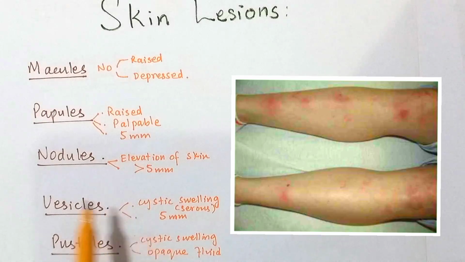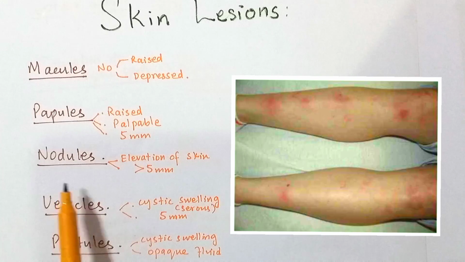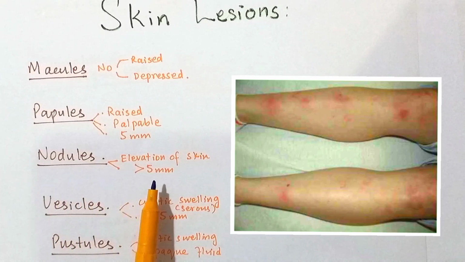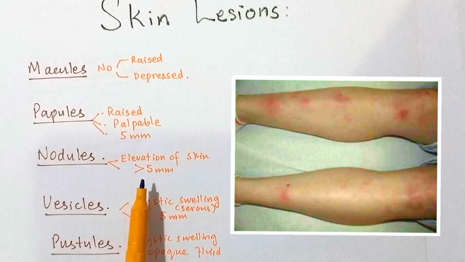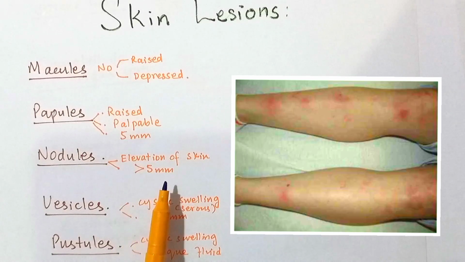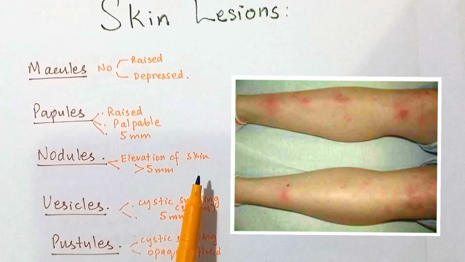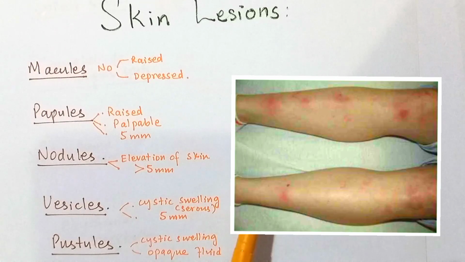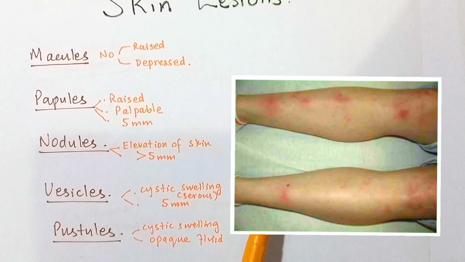But the difference from the papules is that nodules extend deeper into the dermis in comparison to the papules. The example of a nodule is the mole or the infection of erythema nodosum. You can see the diagram of the nodule.